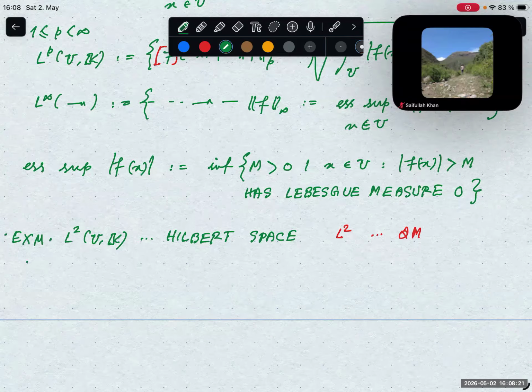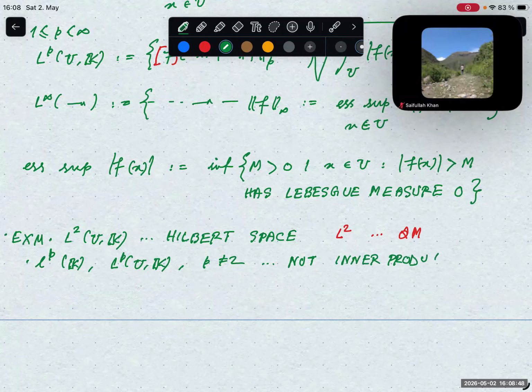LP, and LP for p not equal to 2: these are not inner product spaces.